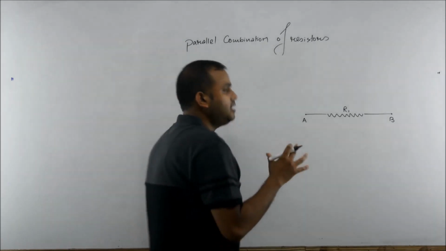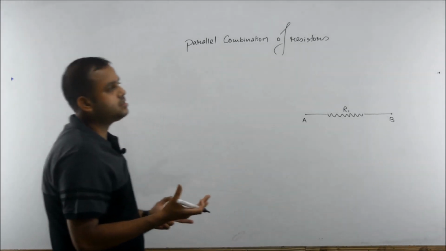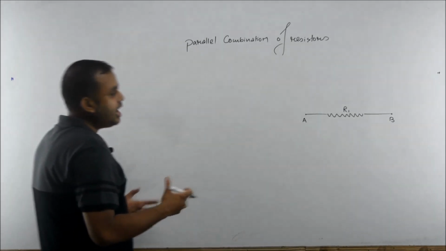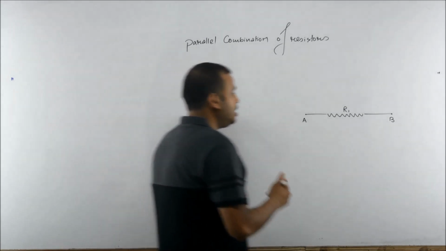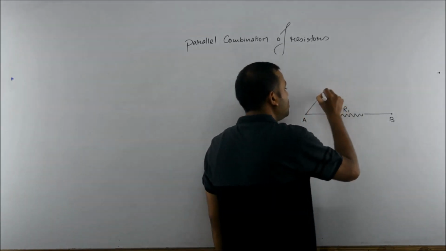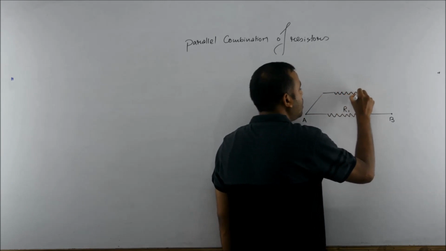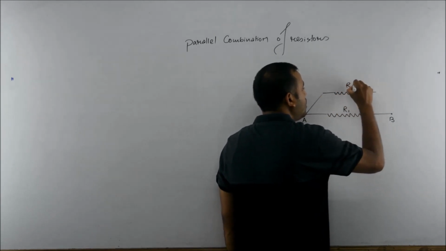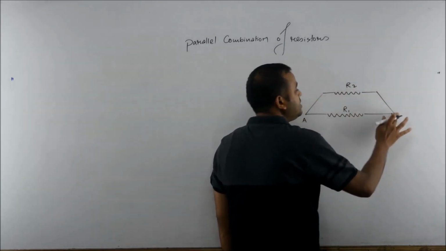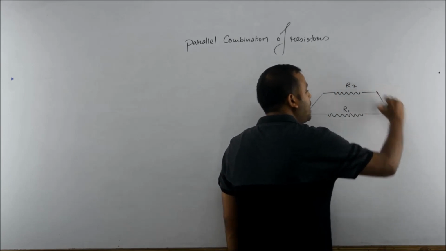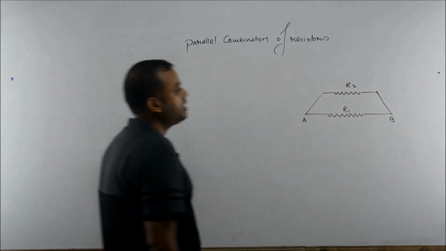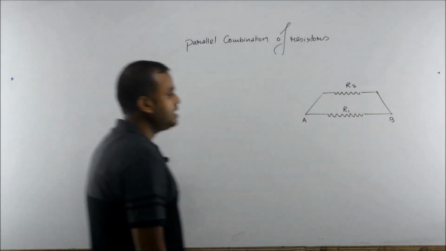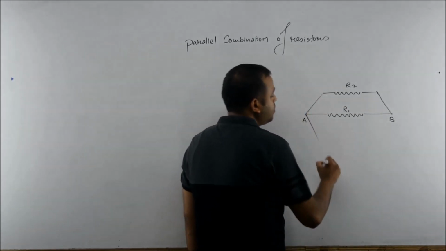Now if you connect another resistance, say R2, between A and B only, like this, then they are said to be connected in parallel. Clear, students? Let us take one more.